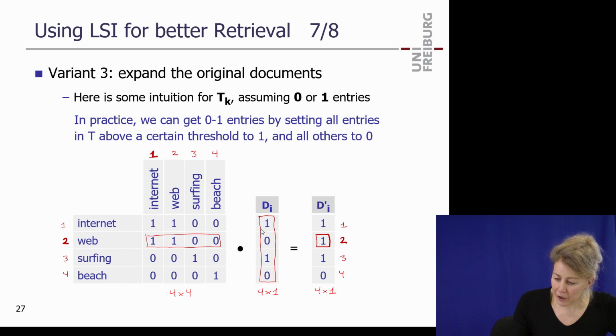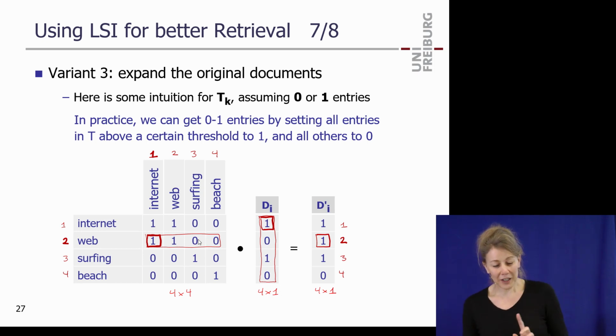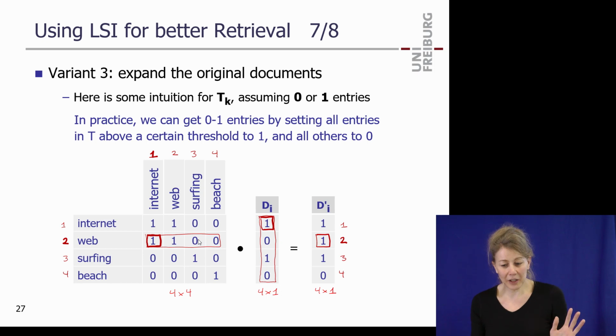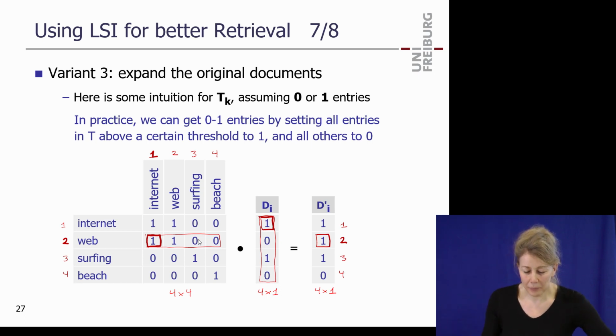So the only thing of value here that gives something non-zero is really this 1 here. It's this 1 times this 1. 1 times 1 gives this 1, and the rest is just a multiplication with 0, either here or there. That's just the way matrix multiplication works.